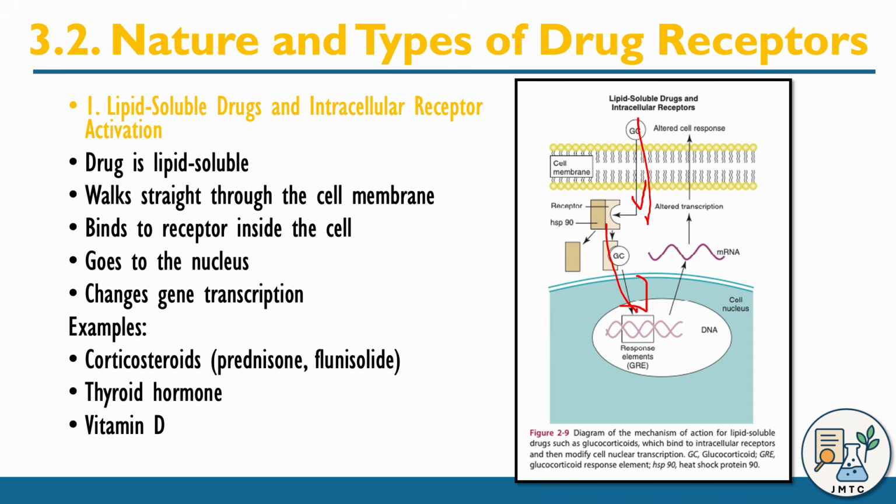This has the slowest onset kasi although diretso siyang pumasok sa ating cell membrane, kakailanganin niya pang mag-change ng gene transcription. But it's long-lasting kasi the new proteins, kahit na wala na yung drug, will remain. So, examples of this are your corticosteroids, your thyroid hormone, and vitamin D.